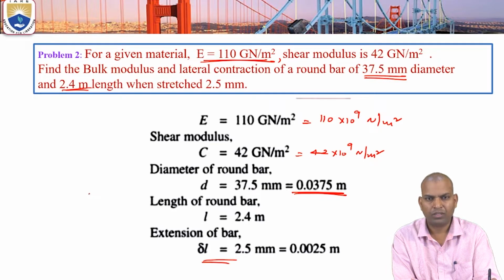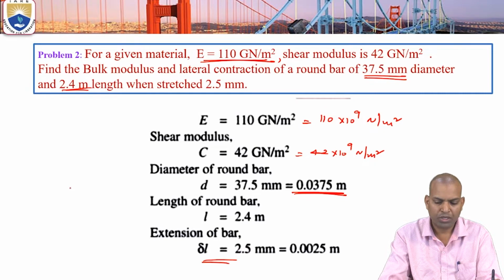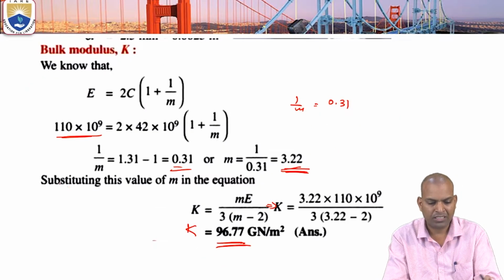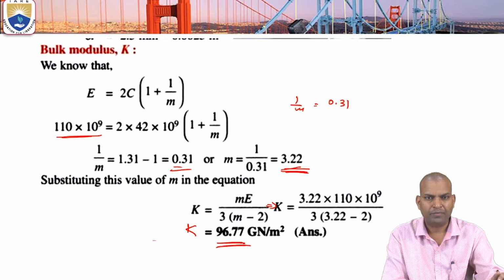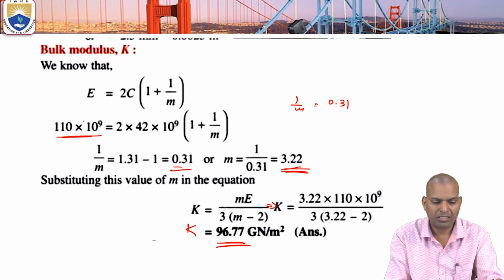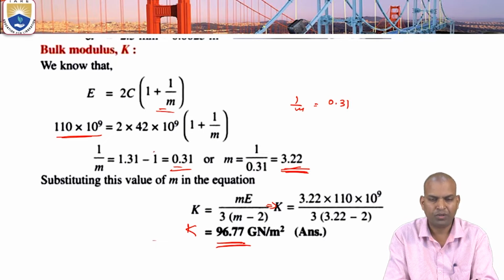For that, there is another unknown, the Poisson's ratio mu. This Poisson's ratio is calculated from the relation between E, C, and mu. From the modulus of elasticity, m is calculated, and 1 by m is the Poisson's ratio, 0.31.